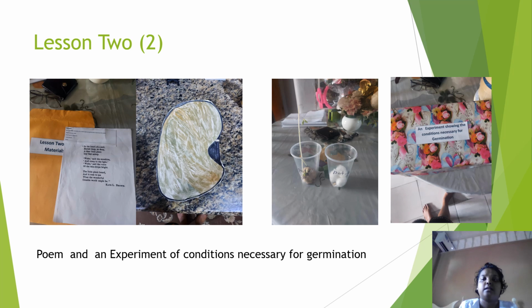Also, for this lesson, I demonstrated the conditions necessary for germination by doing an experiment with pots 1 to 5. The first pot had the perfect conditions necessary for germination, where we had water, the black eyed bean seed, and the cotton wool.